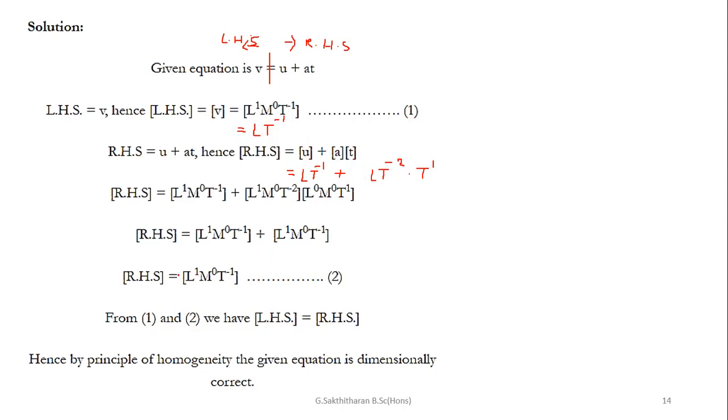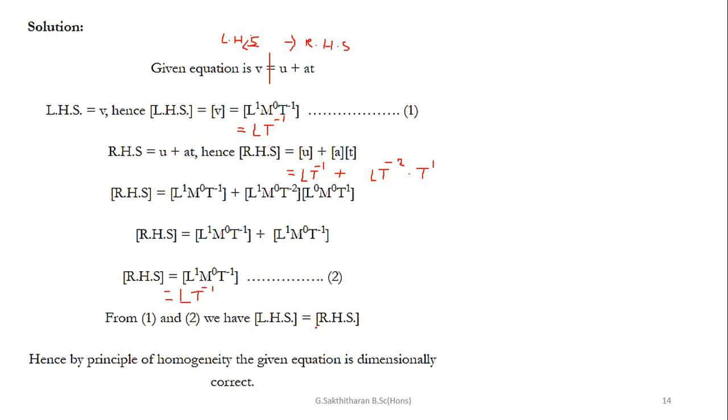So all the right hand side quantities have the same dimensions LT minus 1, and the left hand side also has LT minus 1.